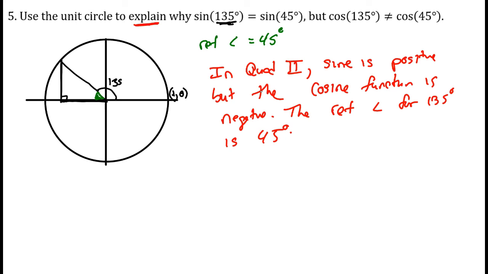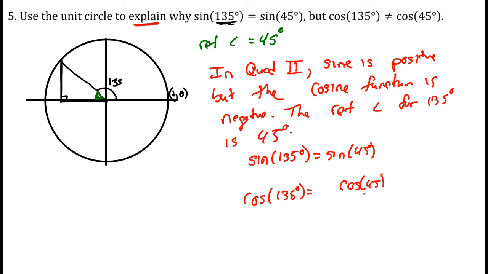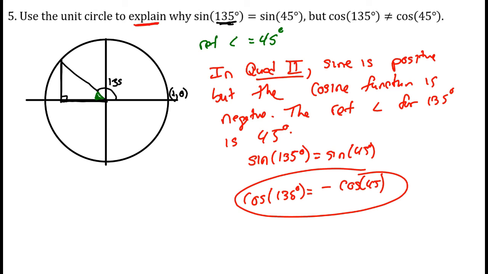So because the reference angle is 45 and sine is positive, we know the sine of 135 equals the sine of 45. But the cosine of 135 equals the cosine of 45, but because I'm in the second quadrant, it's negative. So it equals negative cosine of 45, not plain old cosine of 45. And that has to do with us being in the second quadrant.